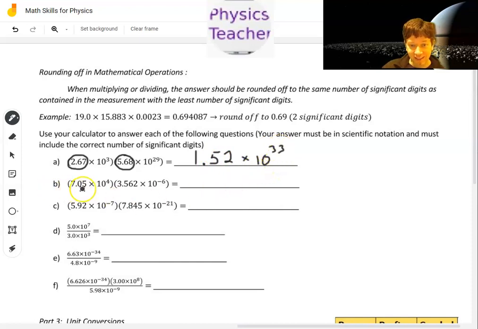Similarly, in this next example, this number has 3 significant digits, and this number has 4 significant digits. That here, that 3 significant digits, is my weakest link. So my answer should only have 3 significant digits.